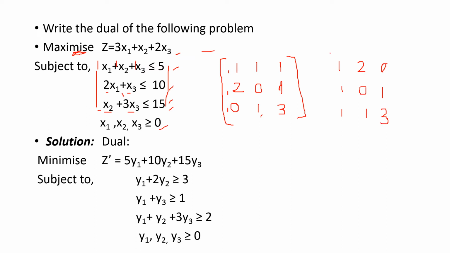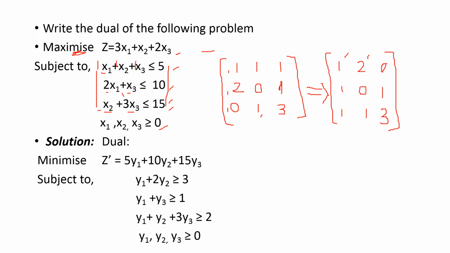So this is the new matrix, the transpose of this matrix. Now just write these values as coefficients, and we know x variables we have to change as y variables.